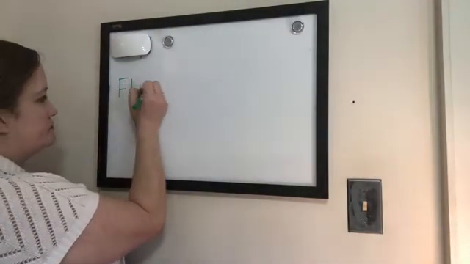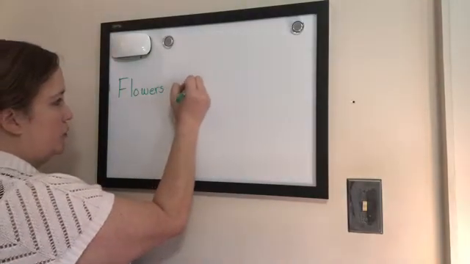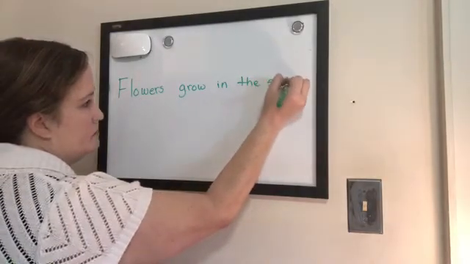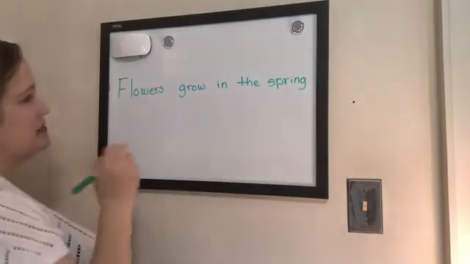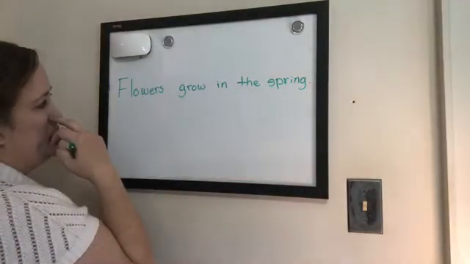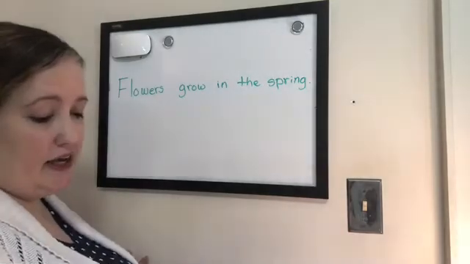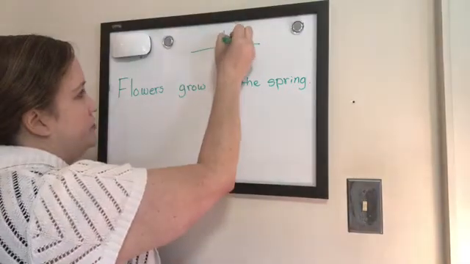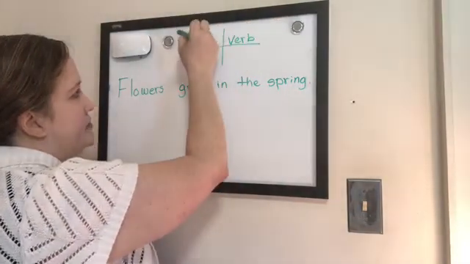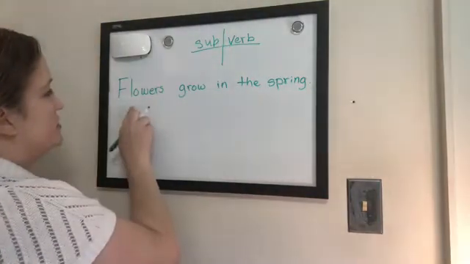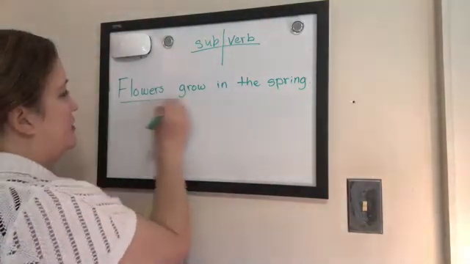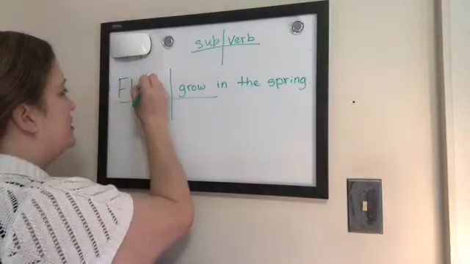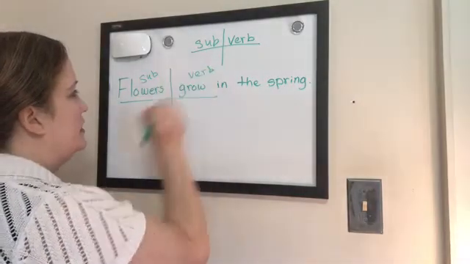Flowers grow in the spring. When you diagram a sentence, you underline the subject and the verb, and then you put a vertical line, and you put the verb here and the subject here. So flowers grow in the springtime. Okay, I underlined the subject and the verb, put a vertical line. This is the subject and this is the verb. Easy.